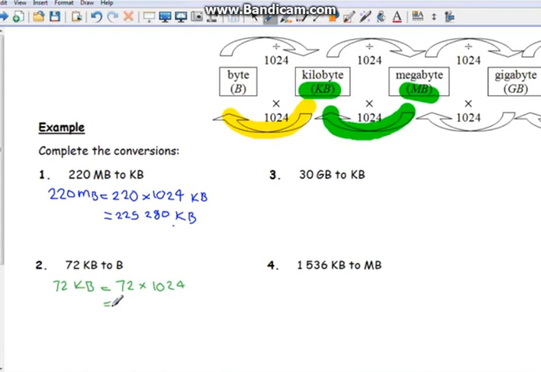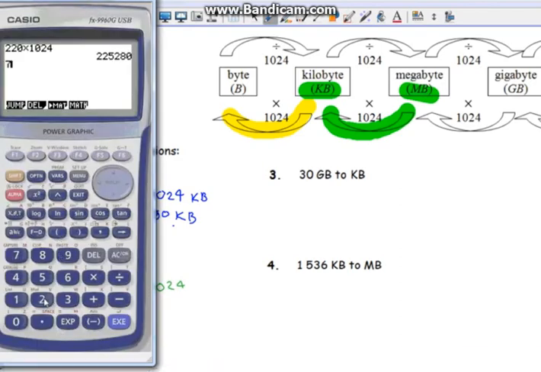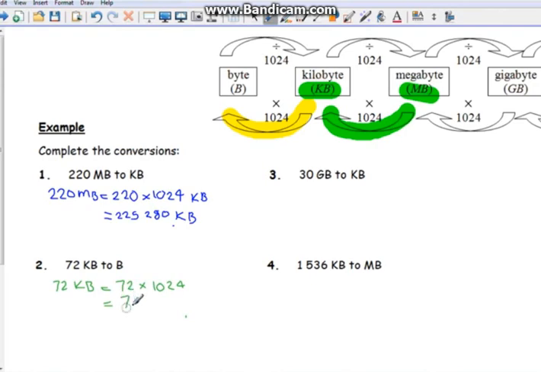And when we do that on our calculator again, we get 73,728. And don't forget you need to write bytes. Capital B for bytes, lower case b for bits.